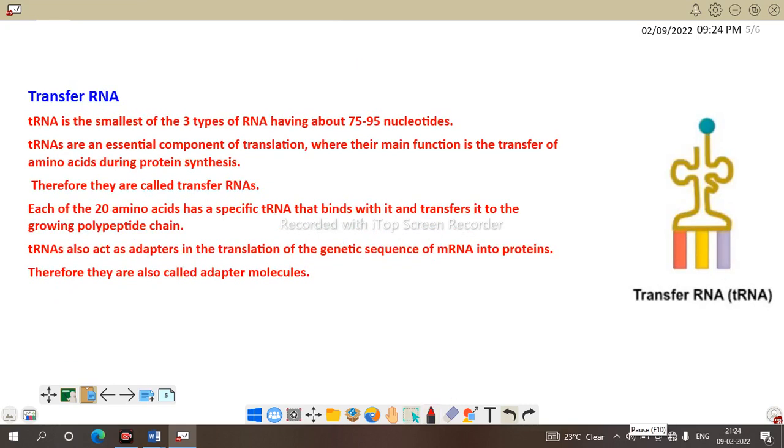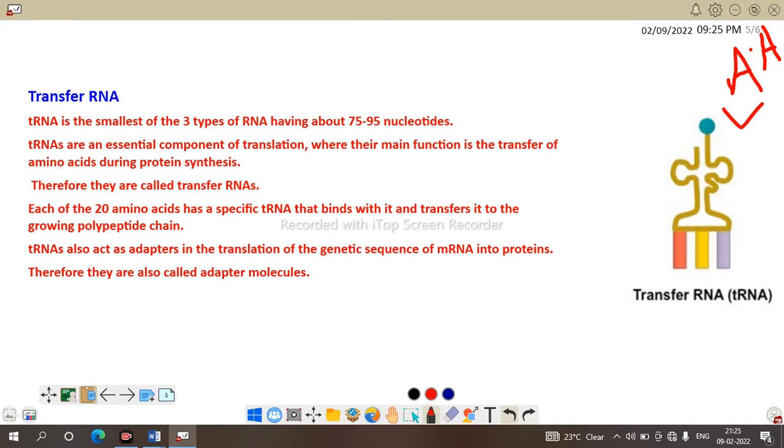Next is the transfer RNA or tRNA. It is the smallest among the three types of RNA, having about 75 to 95 nucleotides. tRNAs are an essential component of translation, with their main function being transfer of amino acids during protein synthesis. Here the blue portion indicates the attachment of the amino acid. The amino acid attached at this site indicates which protein is going to be formed.